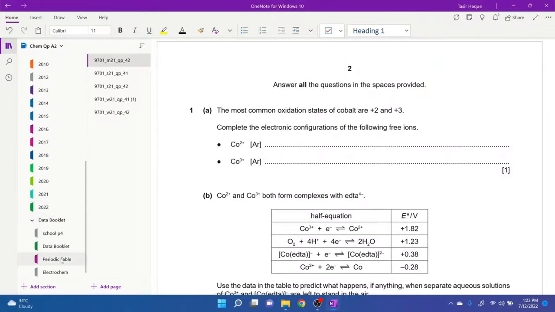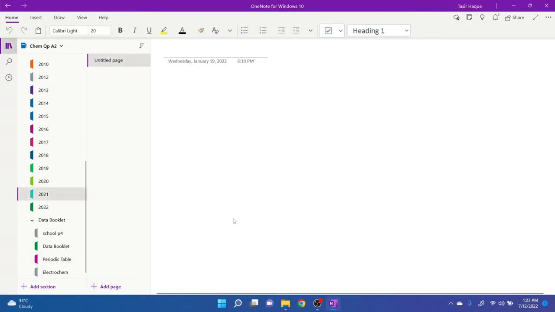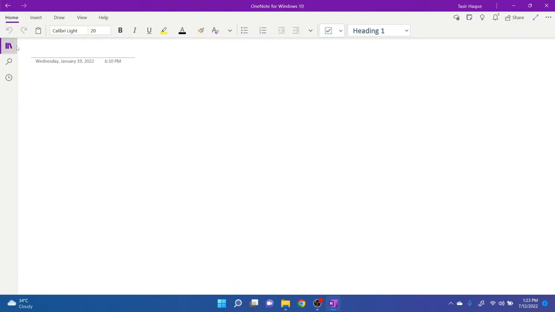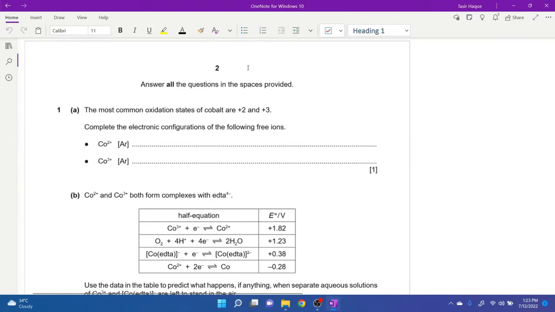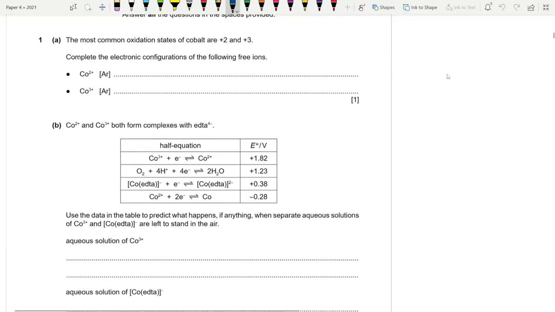Let's look at the periodic table. Cobalt, right? Cobalt is located over here. So it's 1s2, 2s2, 2p6, 3s2, 3p6, 4s2, 3d7. So cobalt is in general 1s2, 2s2, 2p6, 3s2, 3p6, 4s2, 3d7.